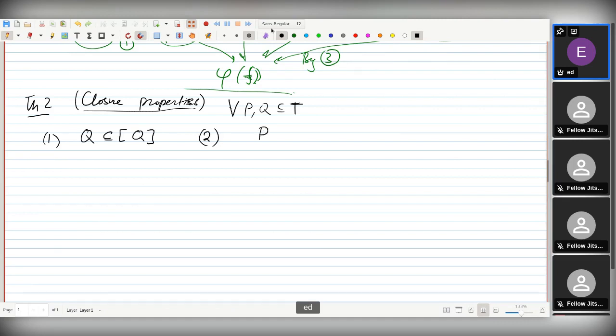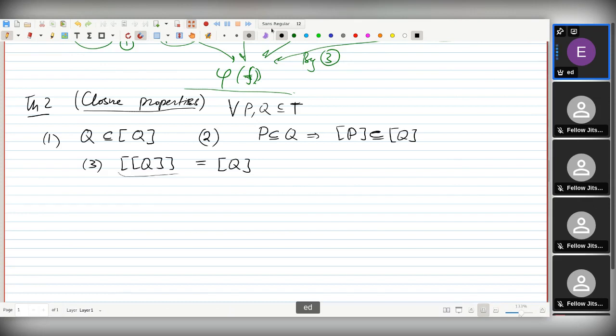Second, monotonicity. If P is included in Q, then the closure of P is included in the closure of Q. And the last, most interesting one, the double closure of Q equals the single closure of Q. Every function you may obtain using functions computable from Q is computable from Q itself. Is it clear?